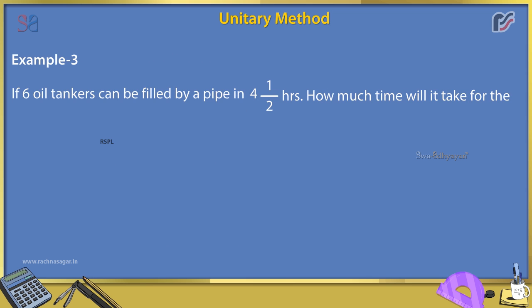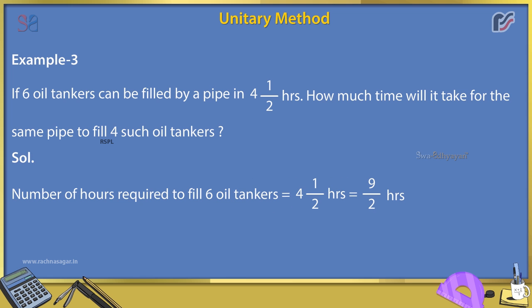Example 3. If 6 oil tankers can be filled by a pipe in 4.5 hours, how much time will it take for the same pipe to fill 4 such oil tankers? Solution. Number of hours required to fill 6 oil tankers is equal to 4 and 1 by 2 hours, which is equal to 9 by 2 hours.